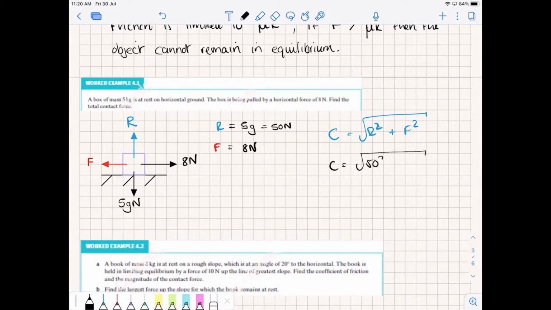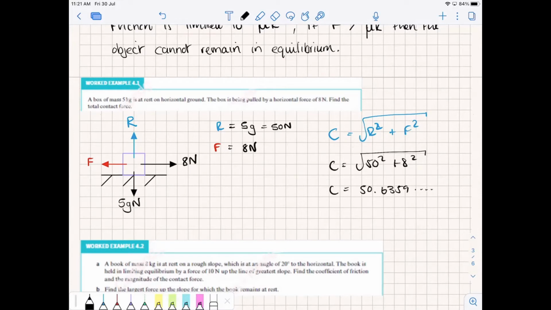So we'll have 50 squared plus 8 squared, and we'll take the square root of the answer. And that's going to give us 50.6359.